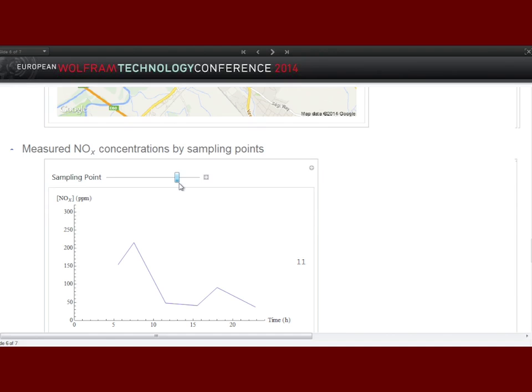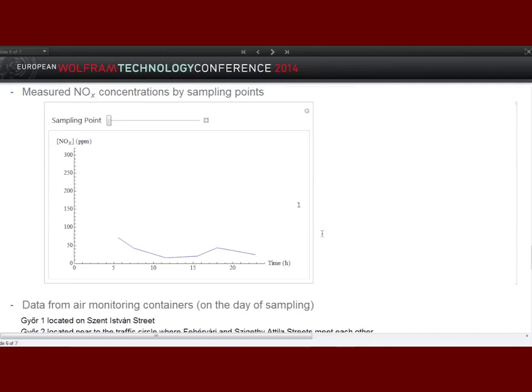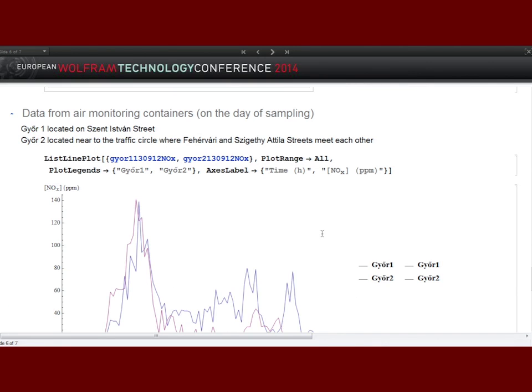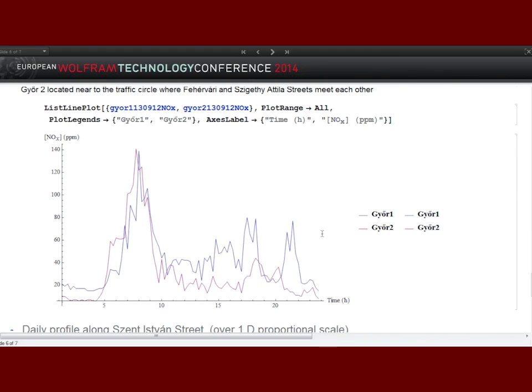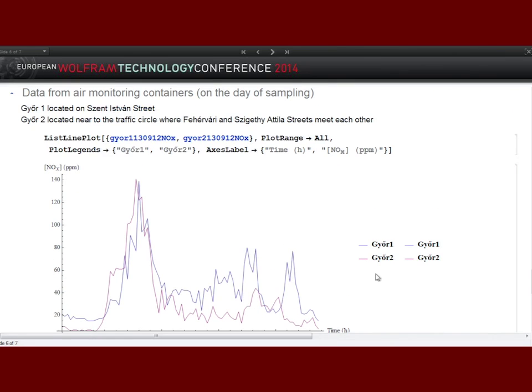This is a typical huge morning peak and afternoon peak. It's almost everywhere, as we can see. And this is the data of the 2 containers. One is at Szent István Street, and the other is near the crossing of the other 2 main roads we investigated.